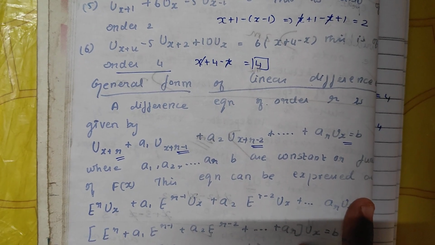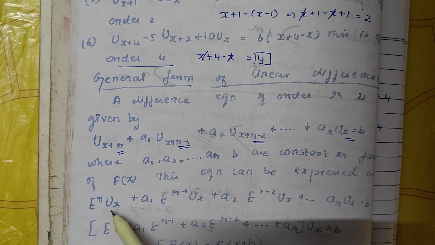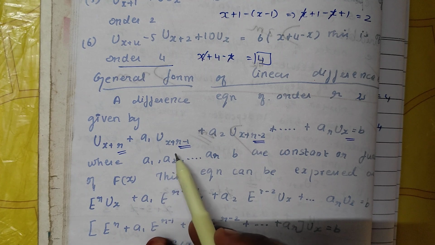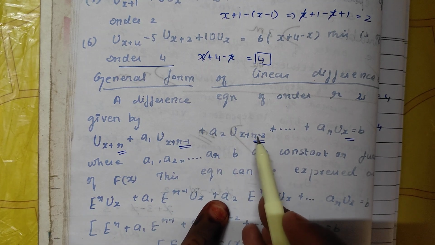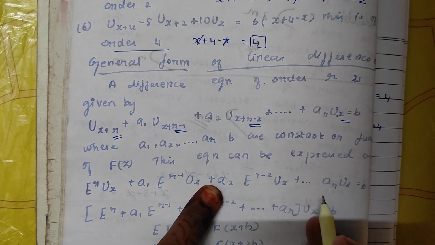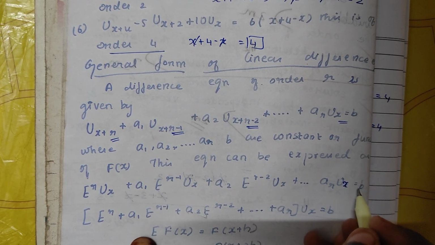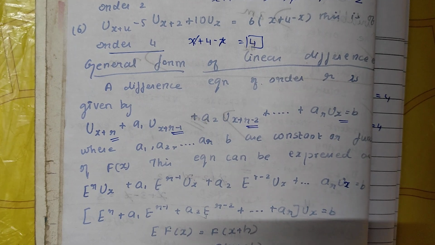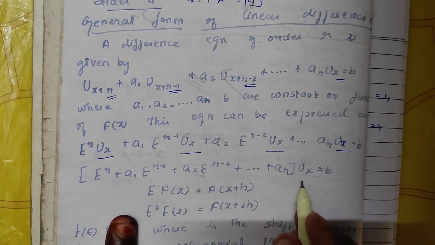This equation can also be written like this: E power r u x plus a1 into E power r minus 1 u x plus a2 into E power r minus 2 u x plus up to ar u x is equal to b. Then you can take this u x as common outside.